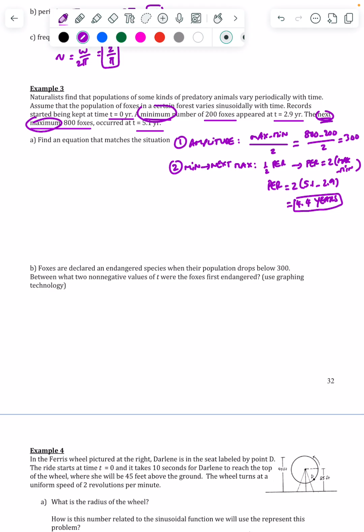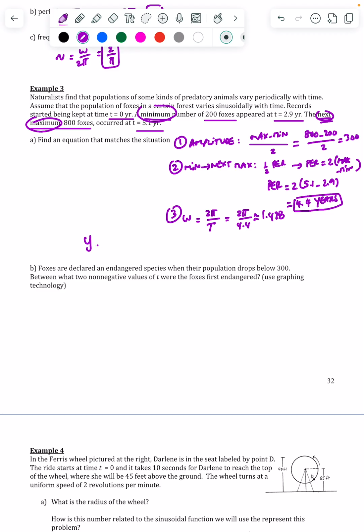And then omega is 2 pi over the period, which is 2 pi over 4.4, which if we simplify, we get approximately 1.428. Now just be careful that we simplify one time toward the end when possible. So if I want omega to 3 decimals, I just got it to thousandths.